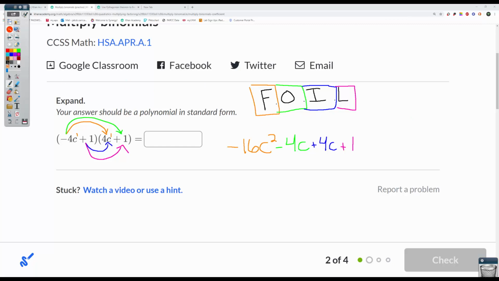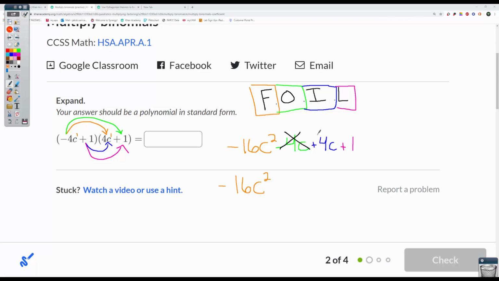And now, all that's left is to write our answer in standard form while combining like terms. Okay, so there's our leading term. We have a negative 4c and a positive 4c. And those are actually going to cancel out, because that gives us 0c.